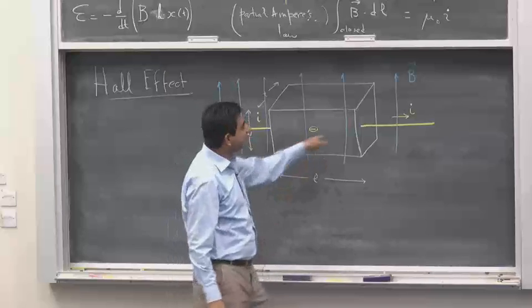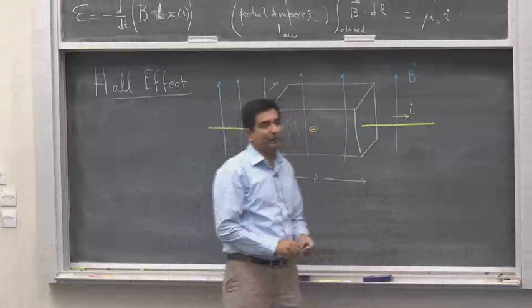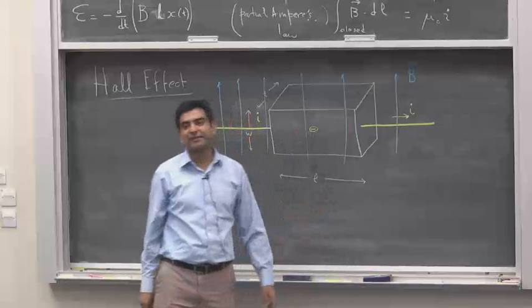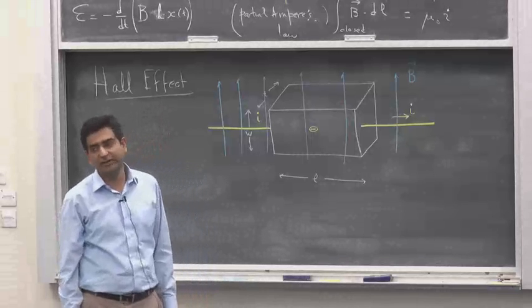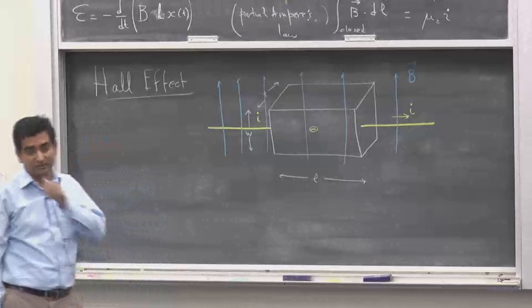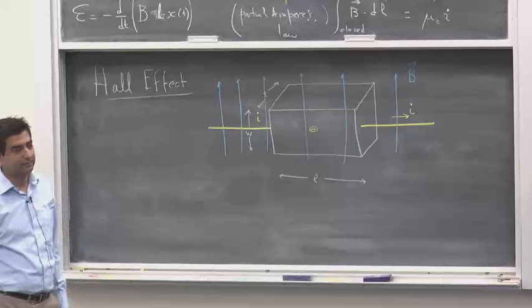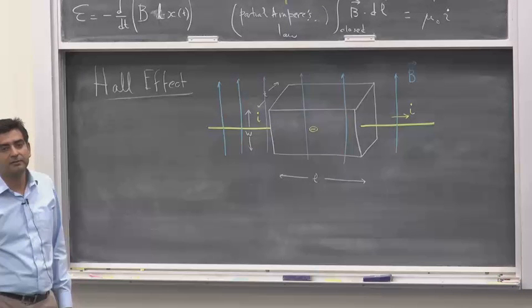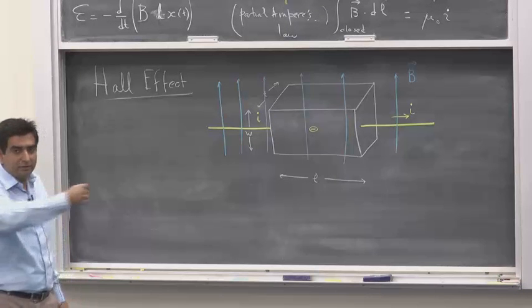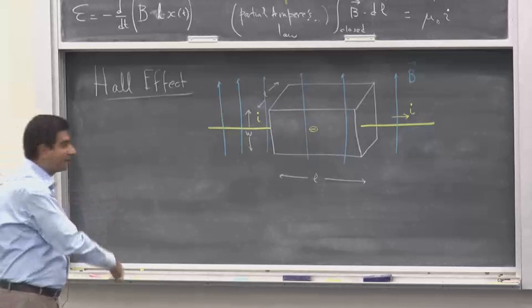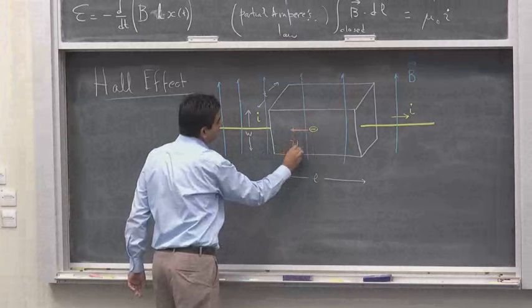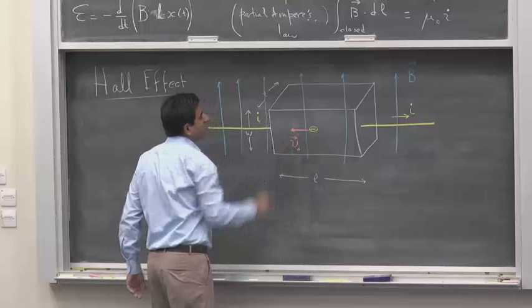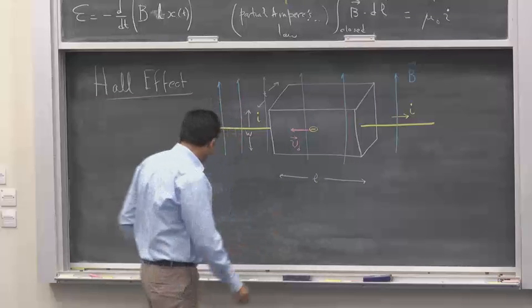Now since there is a current flowing through this wire, if I consider an electron, it has a drift velocity. What's the direction of the drift velocity of the electrons, of the sea of electrons? Towards the left. So this is the direction of the drift velocity of the electron, Vd. Because this is the direction of the conventional current.